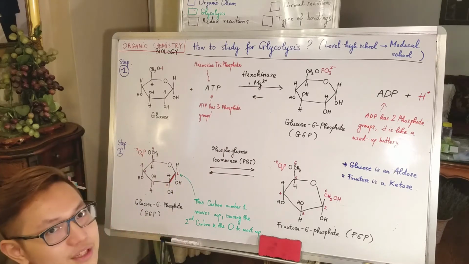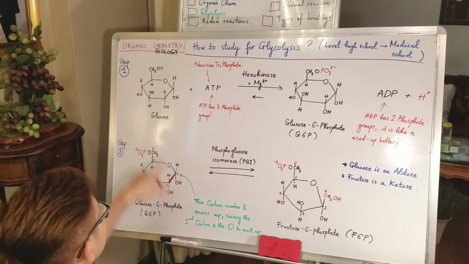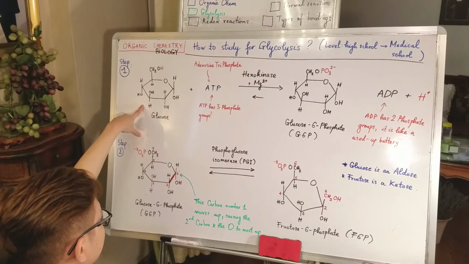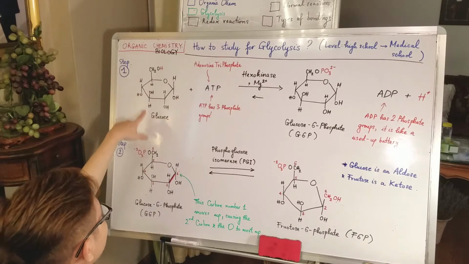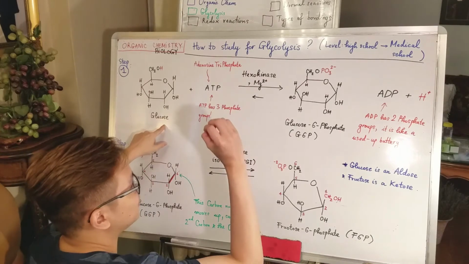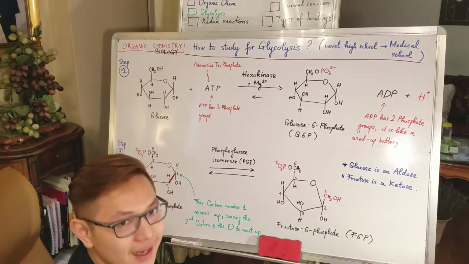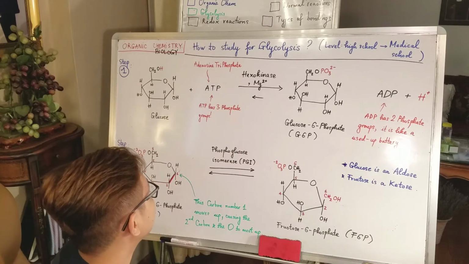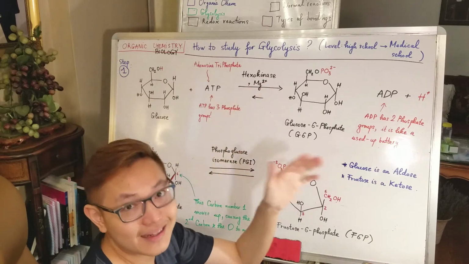Alright, I want to explain in very deep details. So here is a molecule of glucose. Okay, and what happens here is that you want to add a phosphate group into this glucose molecule. And to do so, you need an enzyme called kinase.